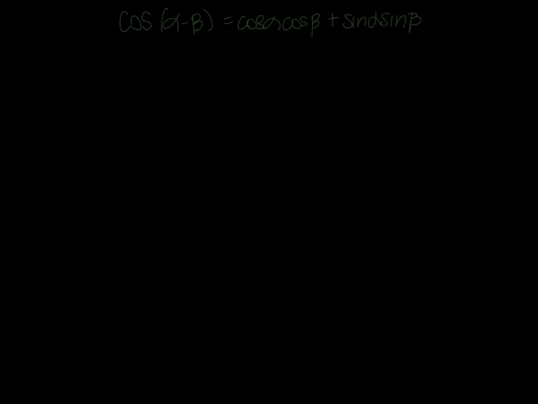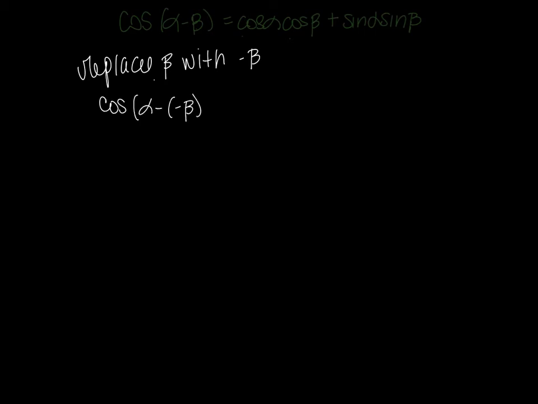I'm going to use what we just found in order to derive the other equations for this. So what if we replace beta with negative beta? So now we have cosine of alpha minus negative beta, which will be the cosine of alpha plus beta.